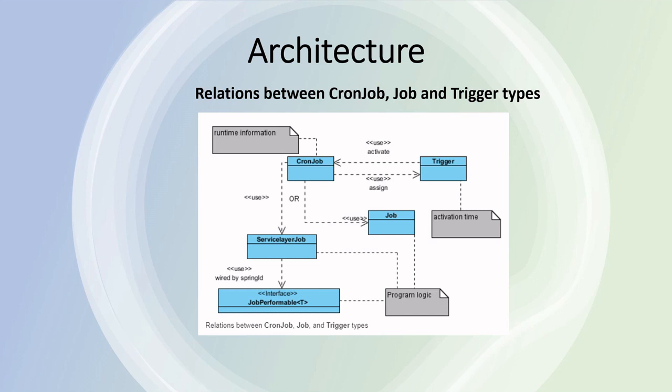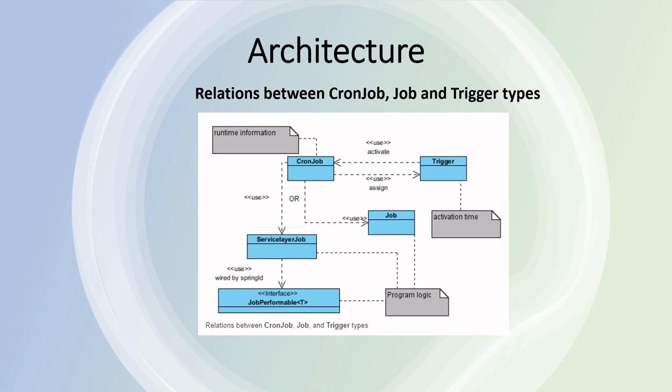So all this information is achieved using the cron job. If we have to provide any custom configuration, we need to create a subtype of a cron job, using which we can provide our own custom configuration.